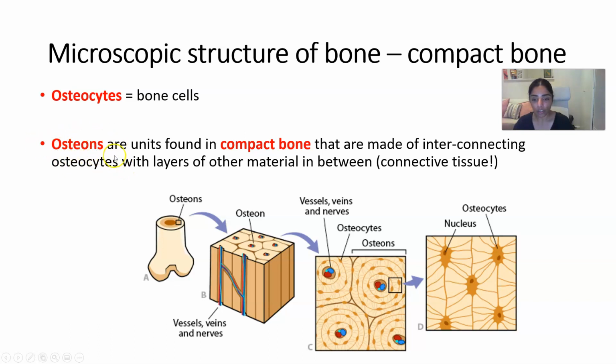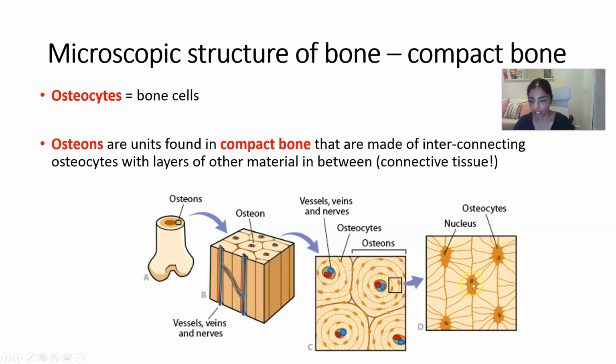So osteons, which you can see in this diagram here, are the units of compact bone. And what we can see here is that one osteon sits in close contact with another one. And within the osteons, you have osteocytes or bone cells.